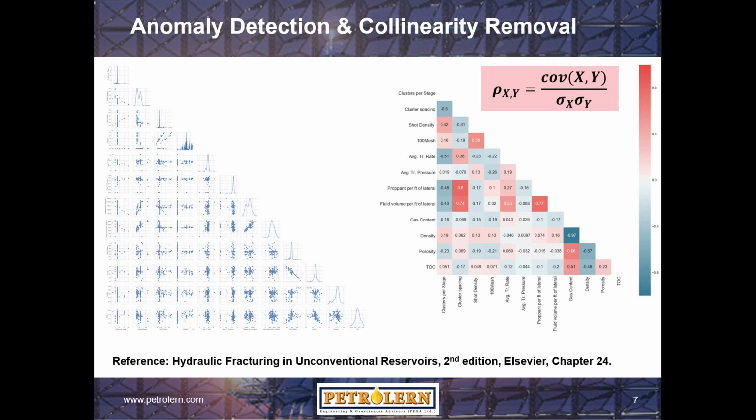So if you see a feature that has Pearson correlation coefficient of 0.9, then I would consider definitely dropping that feature from the analysis, because that feature will provide you the same information. So that's how we basically determine which features to drop and which features not to include in our model. So the left hand side is used for anomaly detection, and the right hand side is used for collinearity detection and removal.